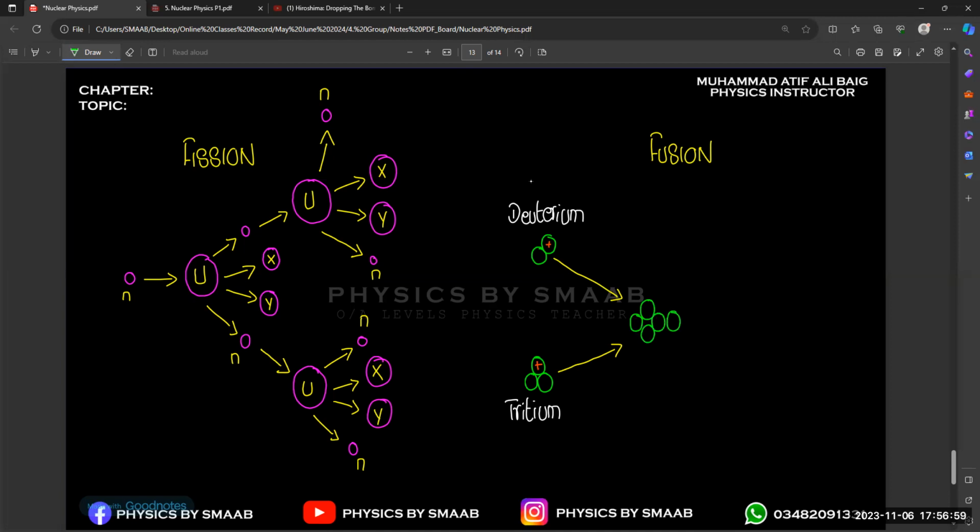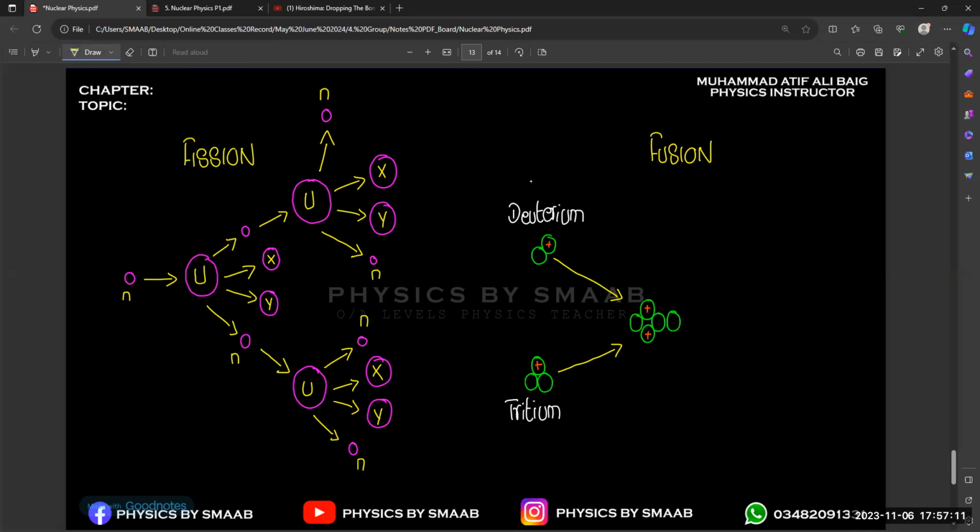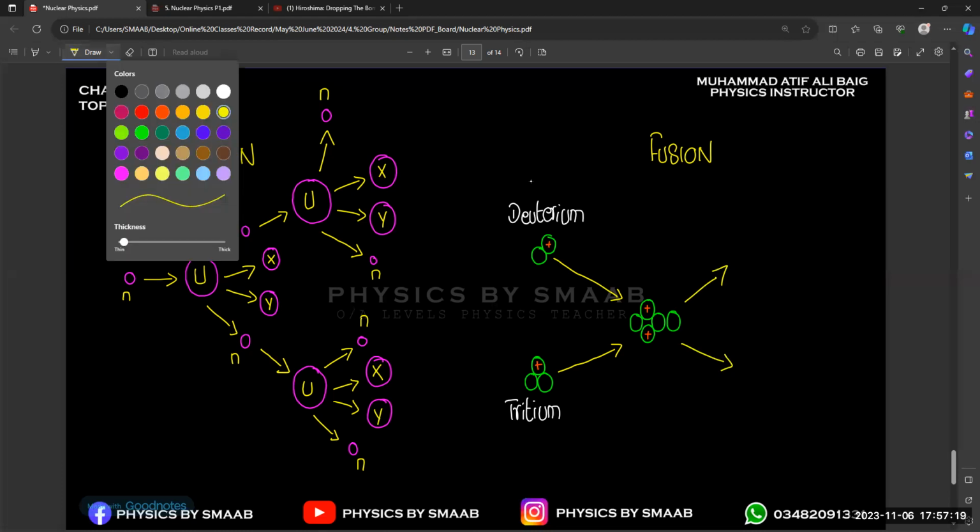So in a fusion reaction, they will combine. This will be positive, this will be positive also, and then it forms helium and energy is released from the reaction. You also observe that a very high amount of energy is released from the sun.